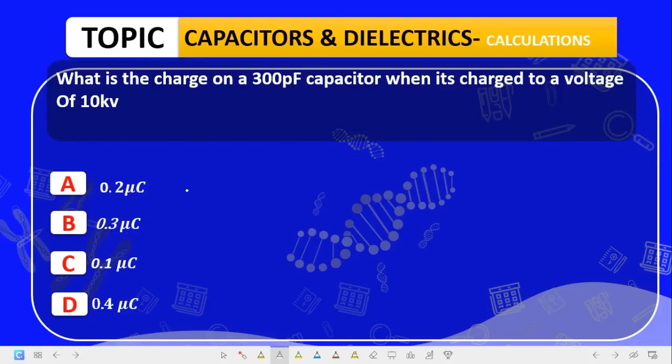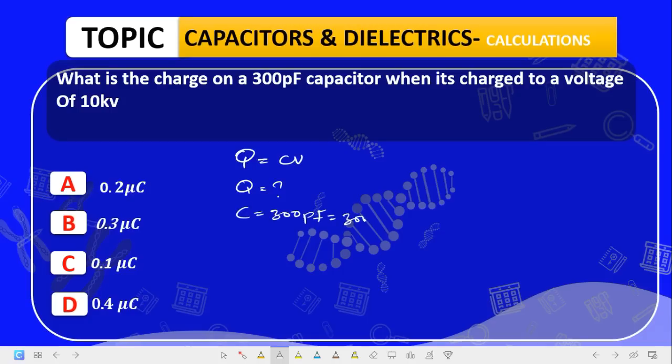Now the first question says, what is the charge on a 300 picofarad capacitor when it is charged to a voltage of 10 kilovolt? Of course, we said the relationship between the charge, the voltage, and the capacitance is given as Q is equal to CV. Your Q is the charge, which is unknown. Your C is the capacitance, which is 300 picofarad.